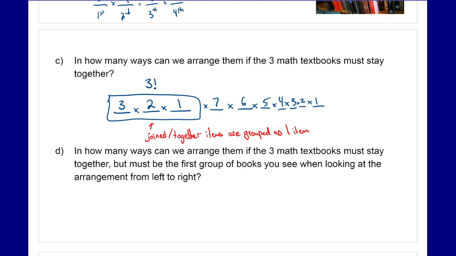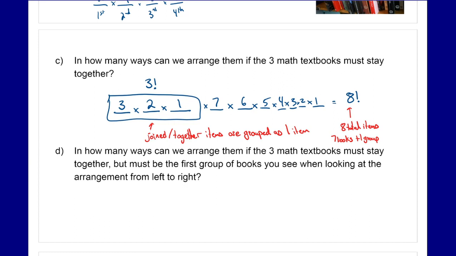So this works out to 8 factorial, so 8 total items: 7 books plus 1 group.